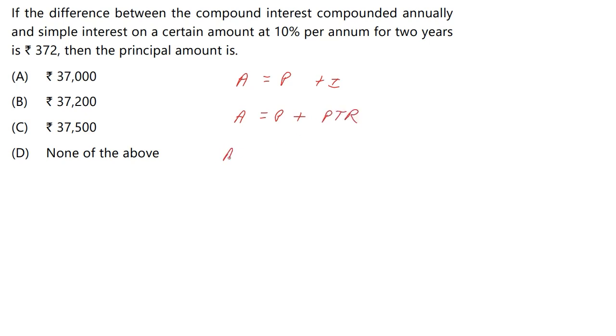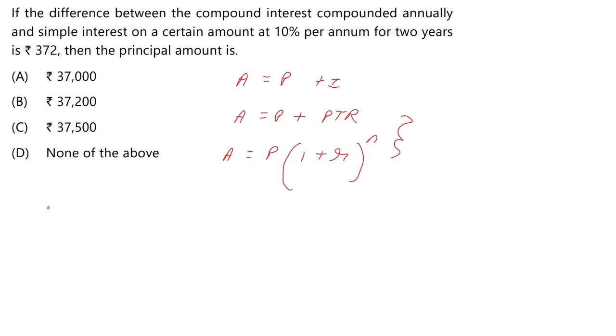Similarly, in compound interest, amount is equal to principal open bracket 1 plus r raised to the power of n. And they are telling us that the difference between these two is going to be 372.